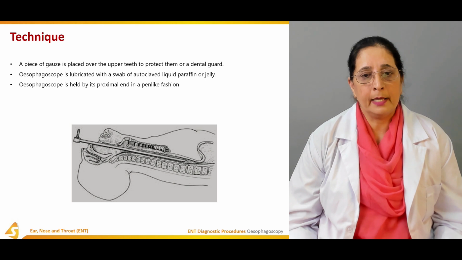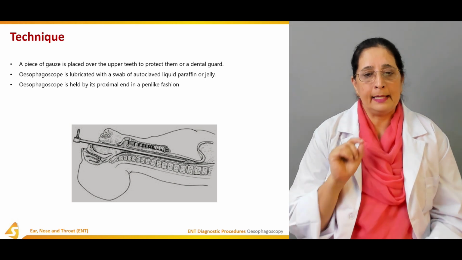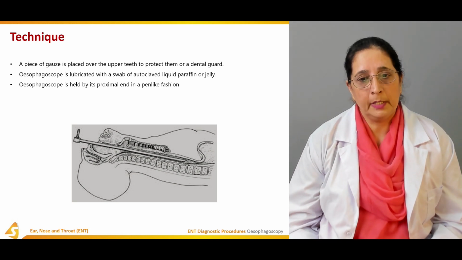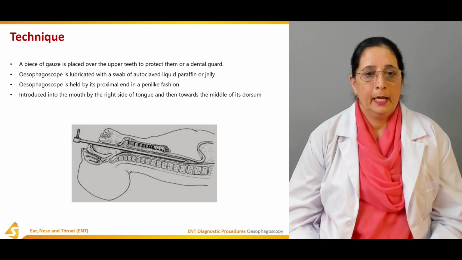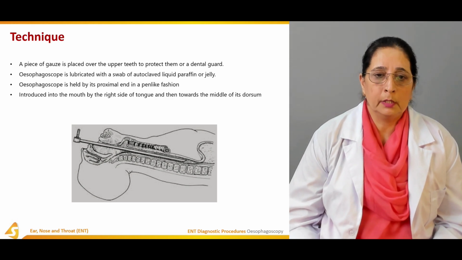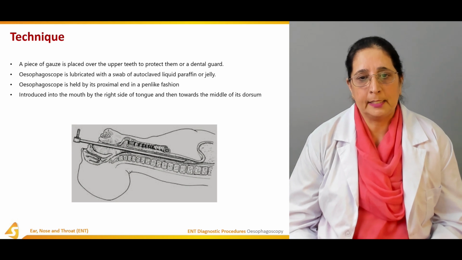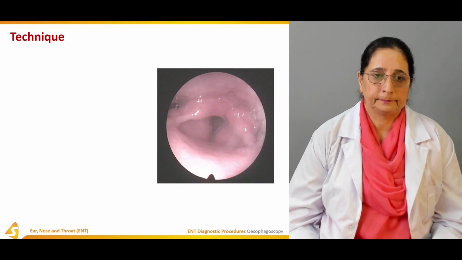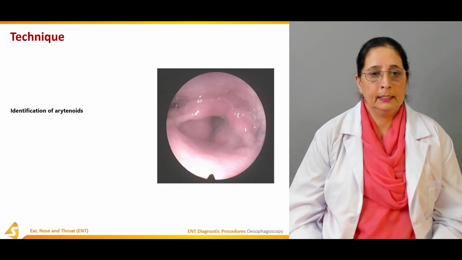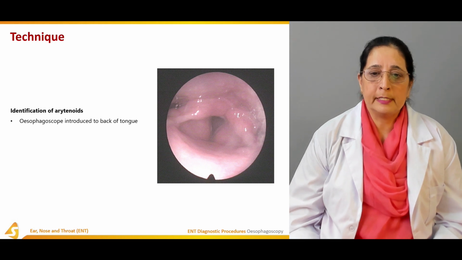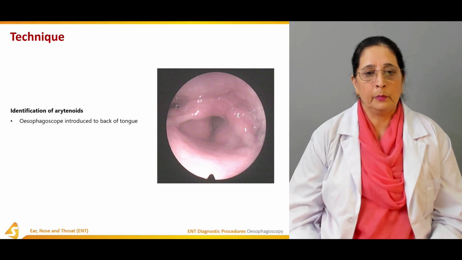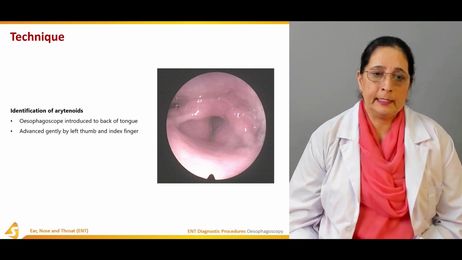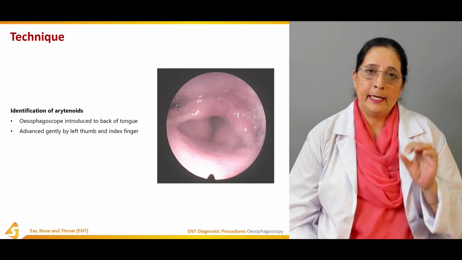It is held by its proximal end in a pen-like fashion, and introduced into the mouth by the right side of the tongue and then towards the middle of its dorsum. Identify the arytenoids; the oesophagoscope is introduced to the back of the tongue and advanced gently by left thumb and index finger.